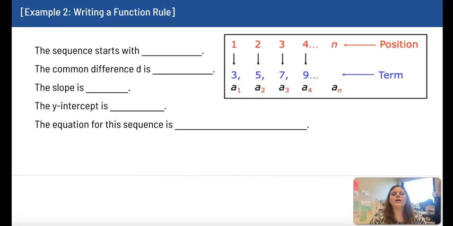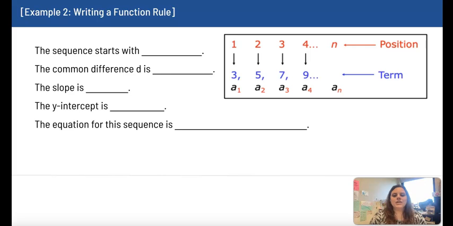The numbers in blue are our actual terms. One of the other ways we can write first, second, third term is by saying a sub 1, a sub 2, a sub 3. In other words, a sub 4 is saying the fourth term in the sequence. You don't need to worry about that right now.